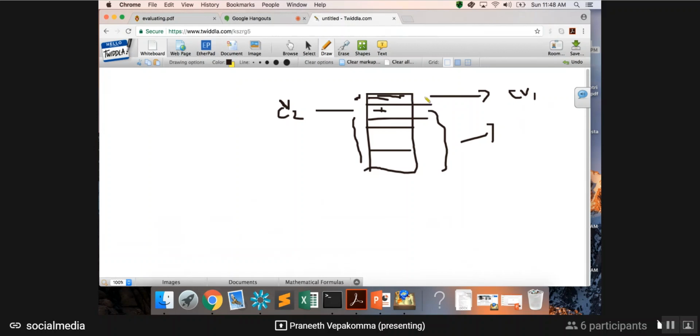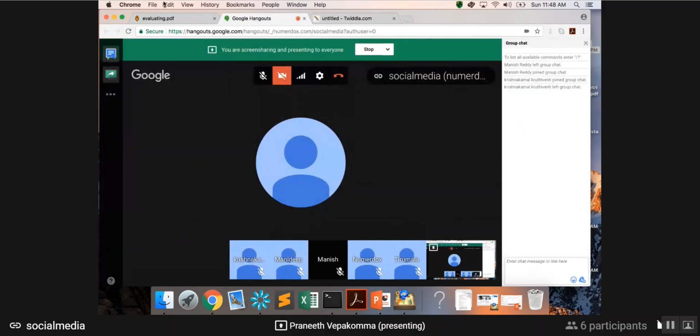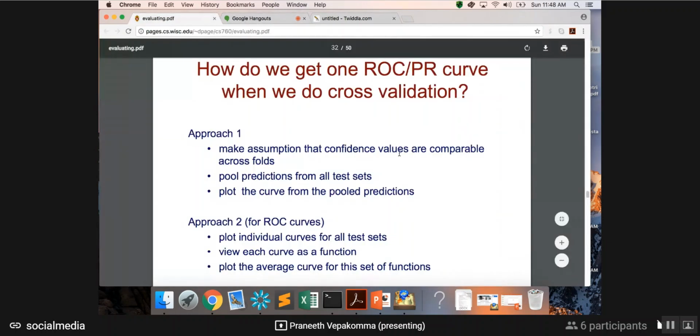So basically, you can look at this prediction set plus this prediction set. You can combine all the predictions through this process and then use that to generate the ROC curve. In terms of looking at how many correct and wrong predictions, you can have the confusion matrix and everything then, which is pooling predictions from all test sets, and plotting the curve from the pooled predictions.